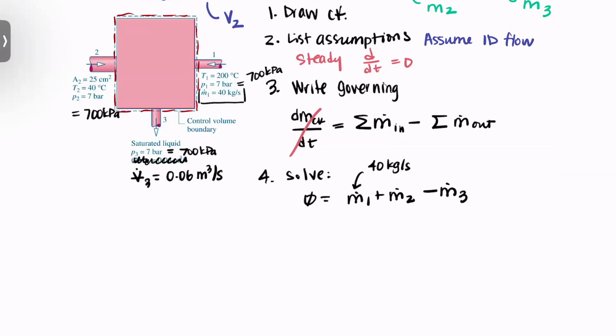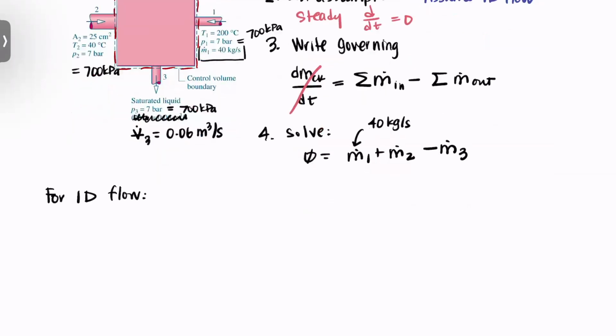So for 1D flow, we have the following. m dot 1 is equal to rho 1, A1, V1. m dot 2 is equal to rho 2, A2, V2.